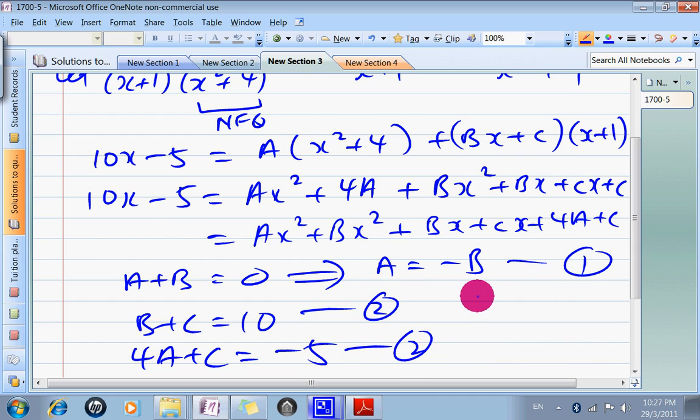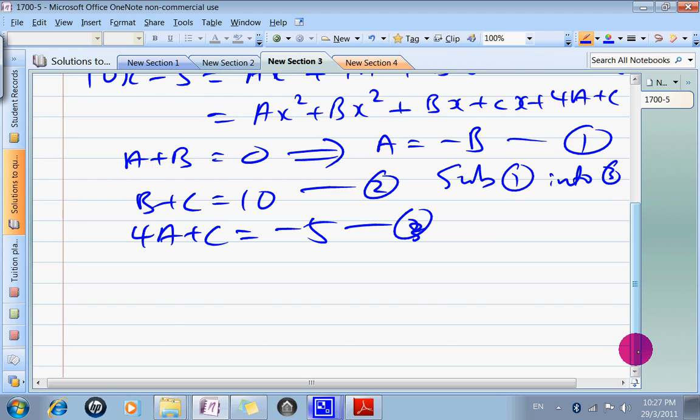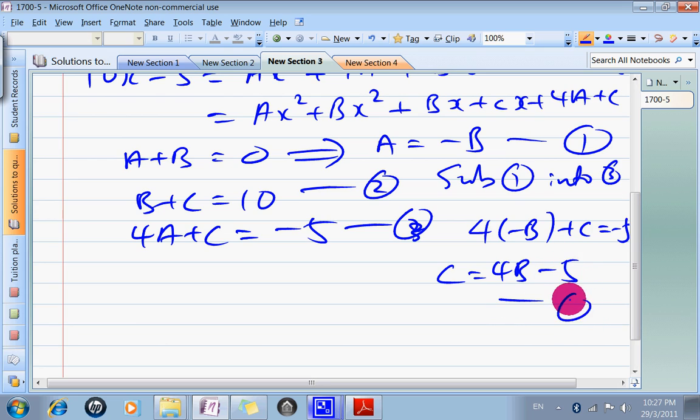So giving me, in the third one, sub 1 into 3. That will give me 4 times negative b plus c equals negative 5. That will give me c equals 4b minus 5, equation 4.